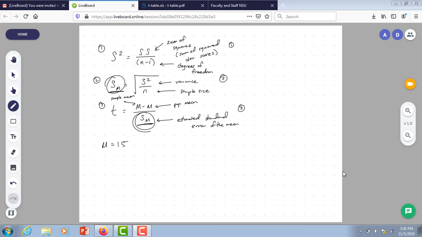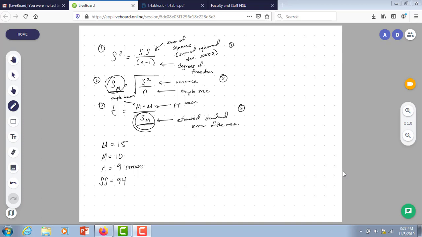And a sample of non-seniors from this year's class was selected and tested, and that sample yielded a mean of 10. Let's say that sample consisted of non-seniors, and the sum of squares is 94.